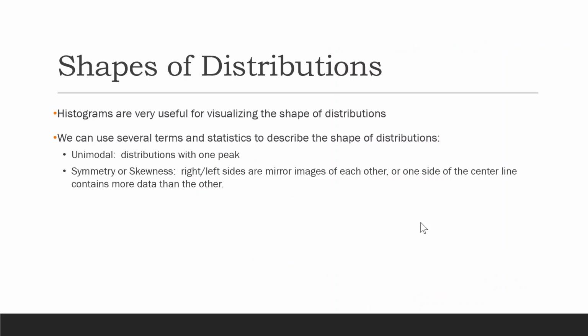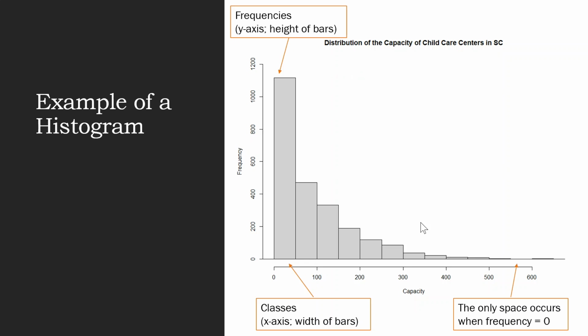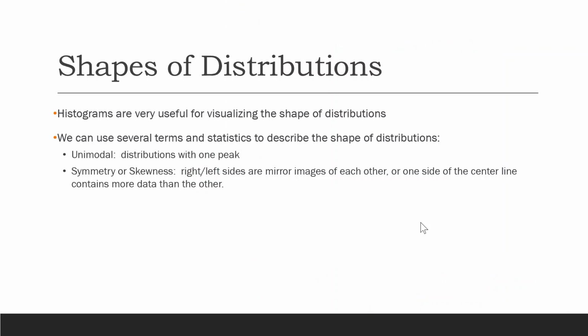With that histogram, we can come up with multiple shapes of distributions. Remember when I said we're going to report the mean and standard deviation if our data follow a normal distribution, and we're going to use the median and the minimum and maximum number as well as the range when our data do not fit a normal distribution.